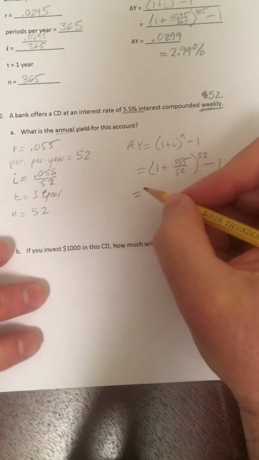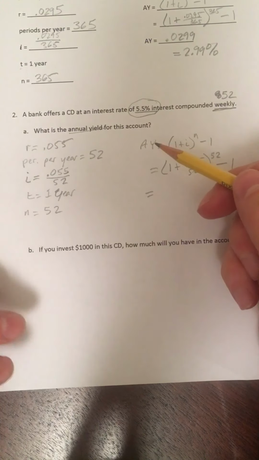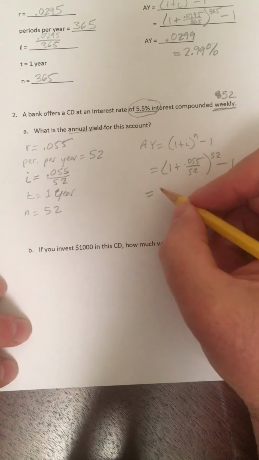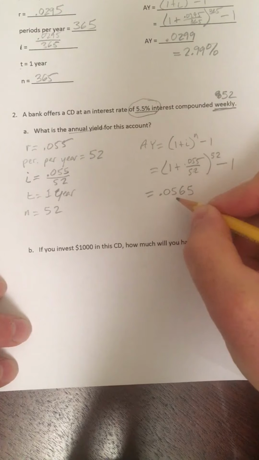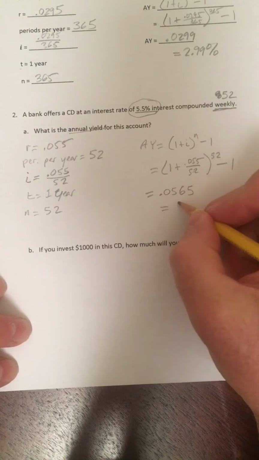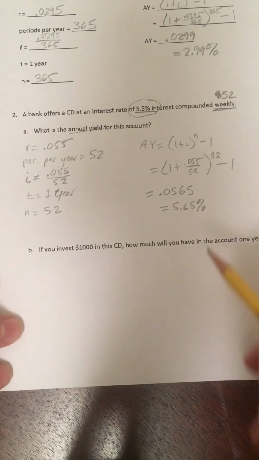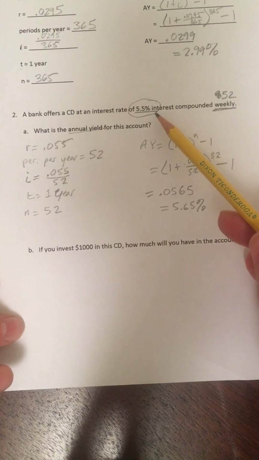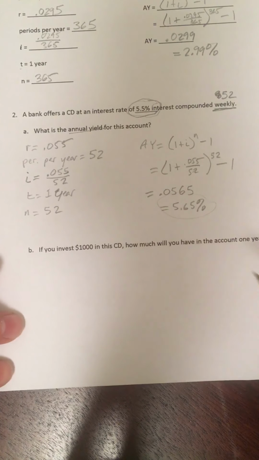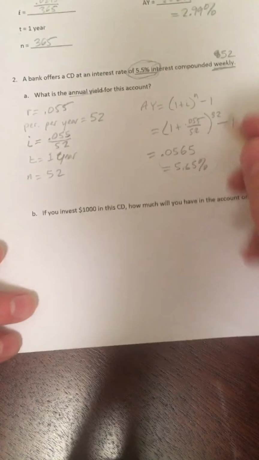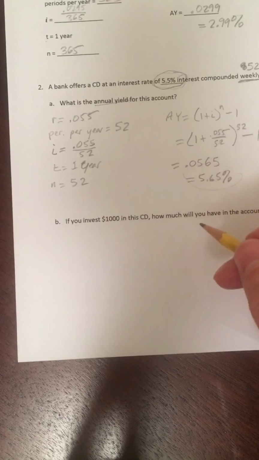And when you plug that in, the announced annual interest rate is 5.5%, but when we calculate the annual yield, we get 0.0565, which is 5.65%. Okay, and so if we put a certain amount of money in, we don't just multiply it by this, we actually multiply it by that. That's how much percentage of our principal that we will have in interest at the end of the year.